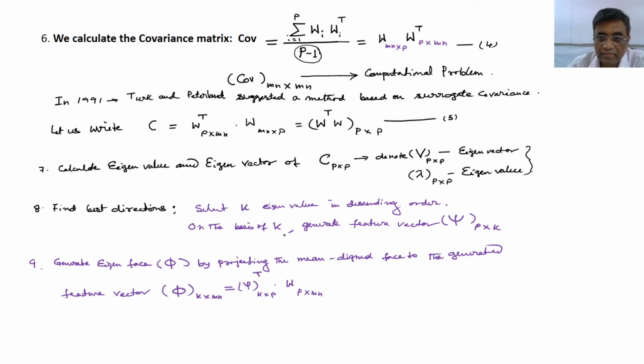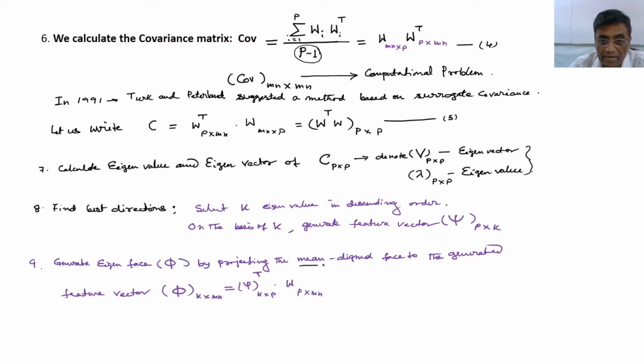On the basis of this k, generate the feature vector psi of dimension P cross k, and then we need to generate eigenfaces by projecting the mean aligned face vector, that is, the face vector made zero mean, onto the generated feature vector.